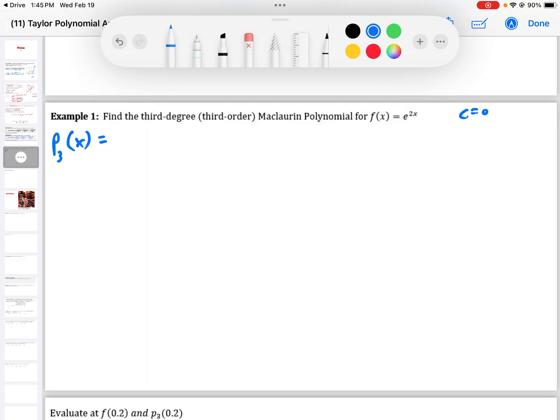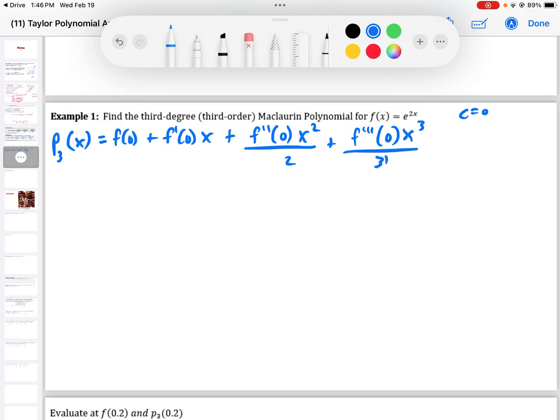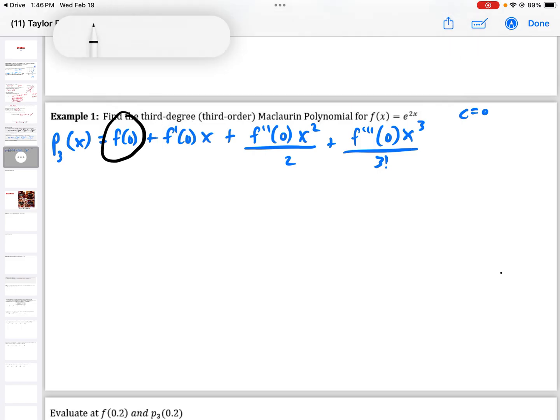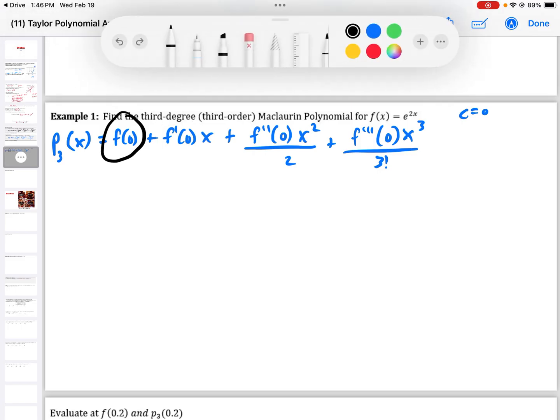So I'm going to write p sub 3 of x, meaning a Taylor polynomial with degree 3, would be f of 0 plus f prime of 0 times x minus 0, but I don't need to write that, plus the second derivative evaluated at 0 times x squared over 2, plus the third derivative evaluated at 0 times x cubed, all over 3 factorial. In order to do that, I need to find f of 0, then f prime of 0.